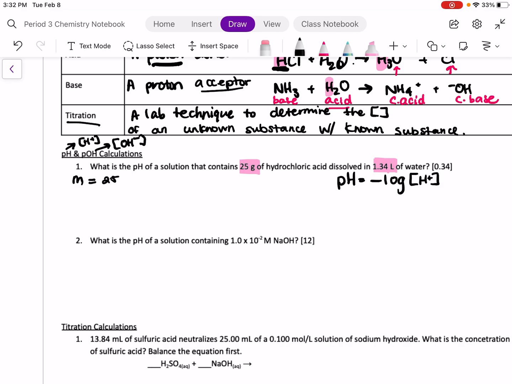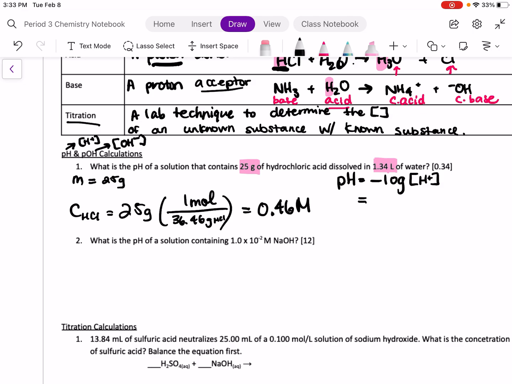So if we have a mass of 25 grams and we're looking for a concentration of HCl, we're going to take the 25 grams, divide it by 36.46 grams of HCl, that's our molar mass, grams per 1 mole, and we get 0.46 moles per liter. I can put that value right into my pH equation because I know that HCl is something called a strong acid. And until we get to chapter 8, we're only going to talk about strong acids and strong bases.